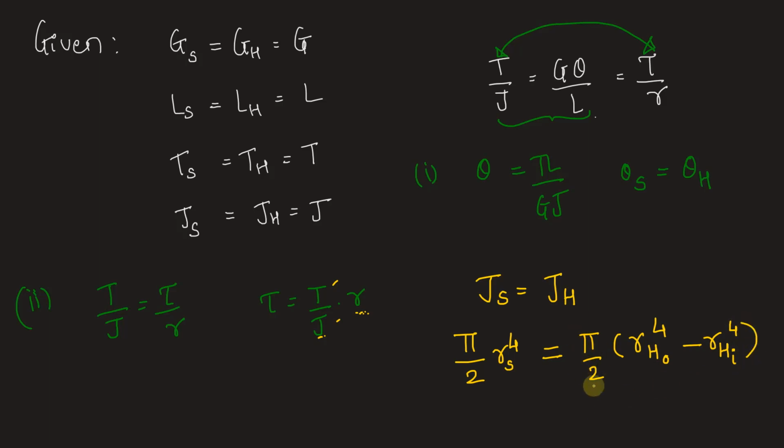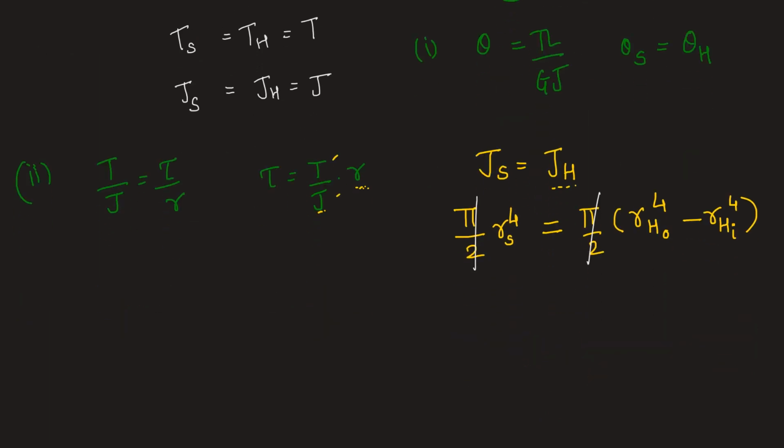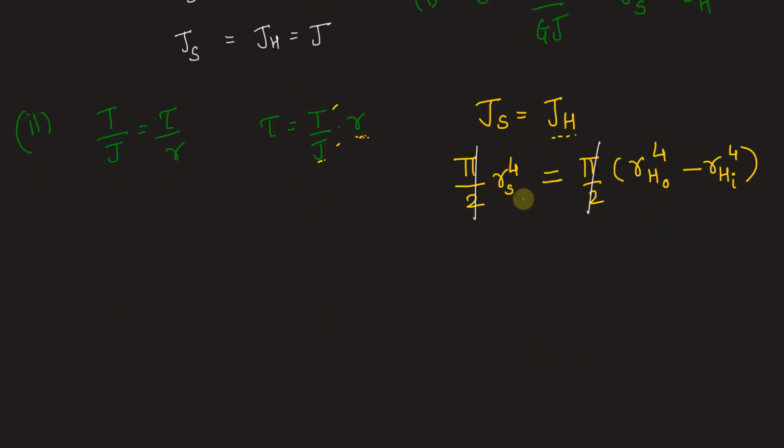We have just subtracted the polar moment of inertia of the inner circle from the outer circle. Now pi by 2 cancels out from both sides. So RS to the power 4 is directly equal to RHO to the power 4 minus RHI to the power 4. We see that RHO ought to be greater than RS. It will have to be greater than RS.